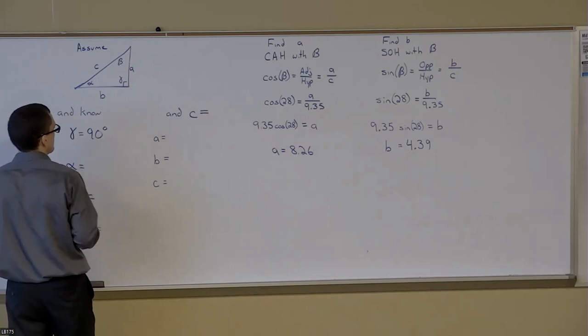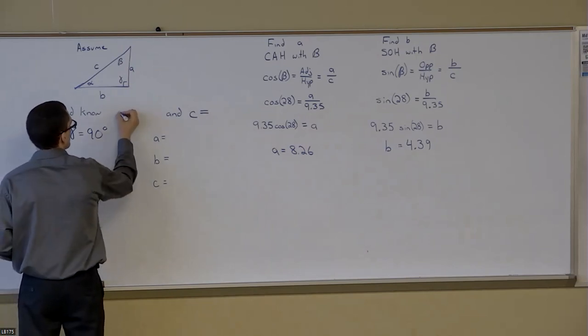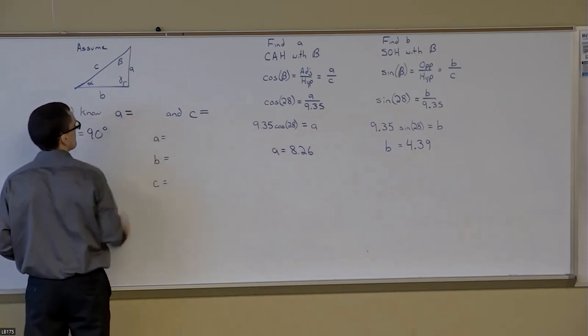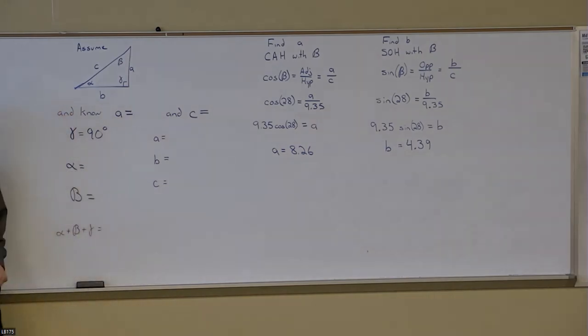However, there's another way to solve a right triangle. So we'll do another one. And that is, what if we have two sides of the right triangle? Now, it doesn't really matter which two sides you get. You can get the a and the c, or you can be given the b and the c, or you can be given the a and the b. Doesn't matter. Okay.